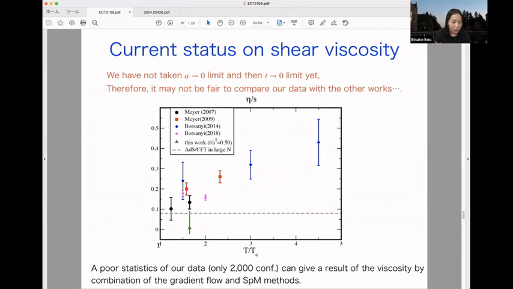But anyway, the message is here: our statistically limited data, only 2000 configurations, can give a result for the viscosity by the combination of the gradient flow and the sparse modeling method. In our paper, we also investigate several systematic errors and the stability of the spectral function using the sparse modeling method, and it looks under control.